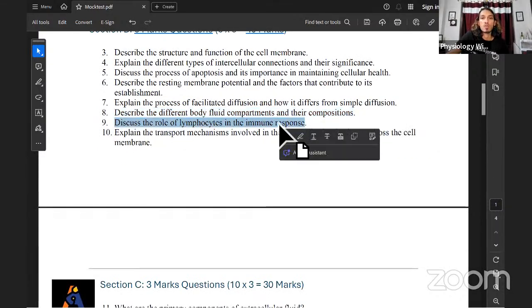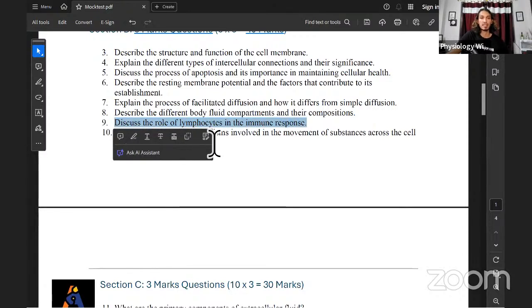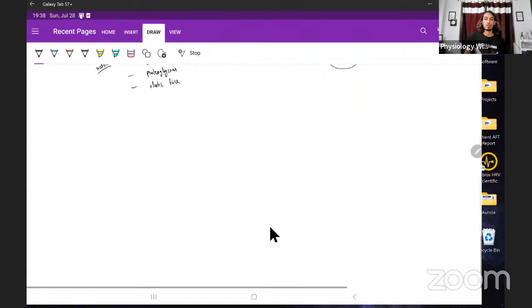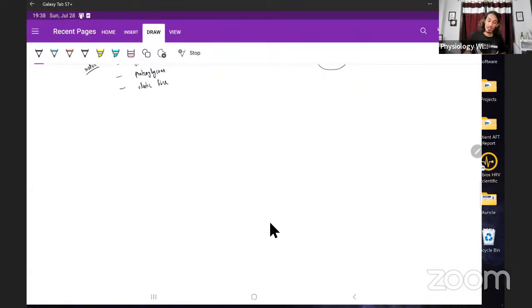Next is discuss the role of lymphocytes in the immune response. So for this answer, since they specifically asked only about lymphocytes, we have your T cells and your B cells. Among your T cells, you have your helper T cells.